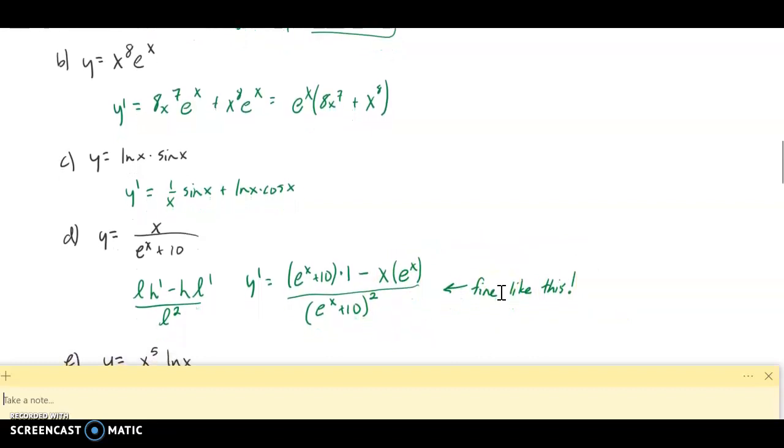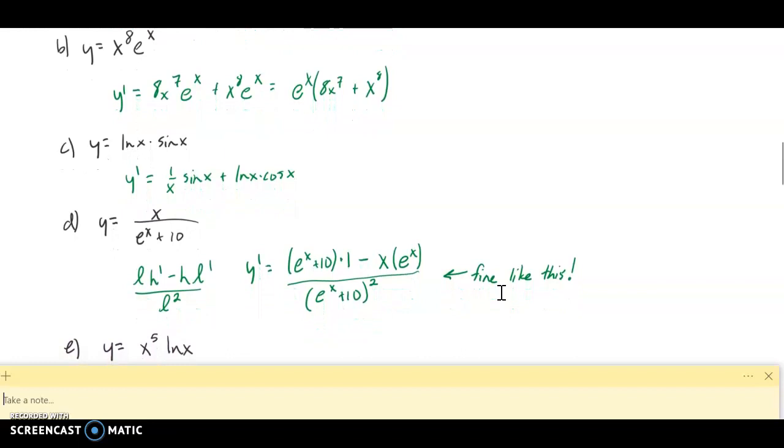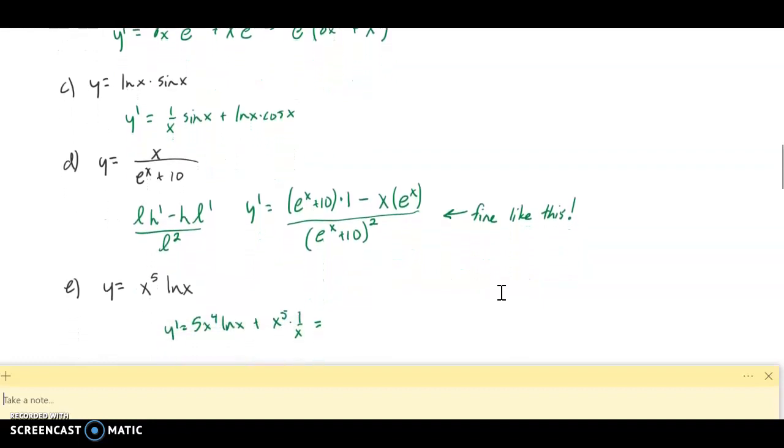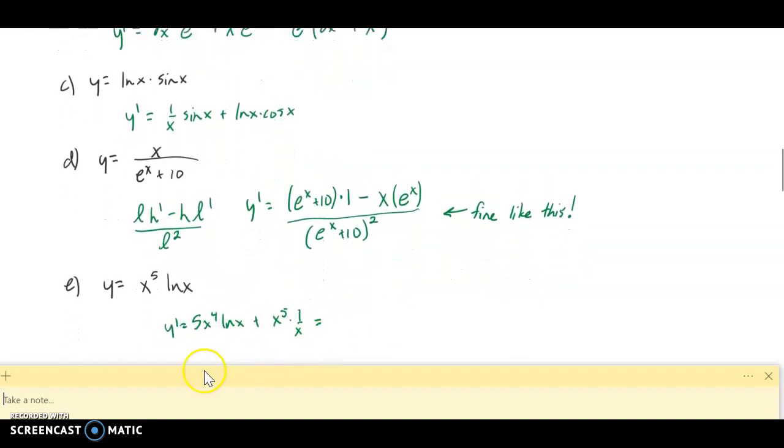Let's go to part E. Here, I got x to the 5th times ln of x. So go ahead, hit pause, give it a shot. All right, here it comes. Oops. Did I not simplify this? All right, here we go. I've simplified it now.